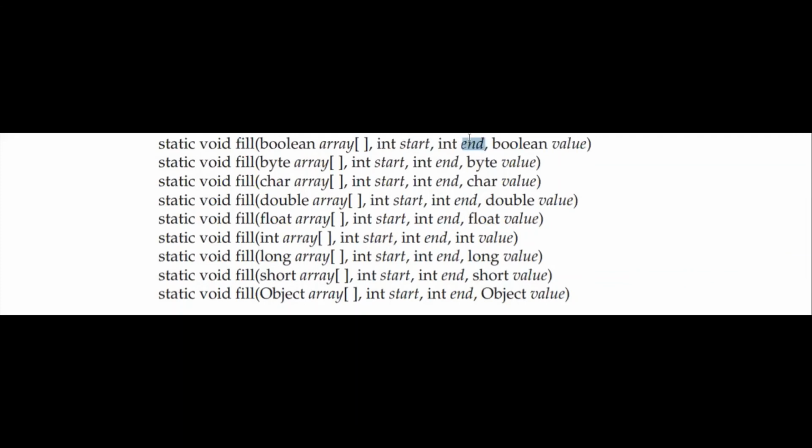From the start till the end index, whatever elements are there in the array will be filled with this particular given value. The value is assigned to elements in the array from the start position till the end position minus 1. Again, when dealing with indexes or illegal arguments, an index out of bounds exception will be thrown.